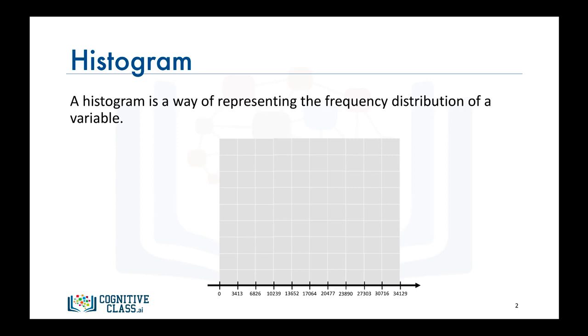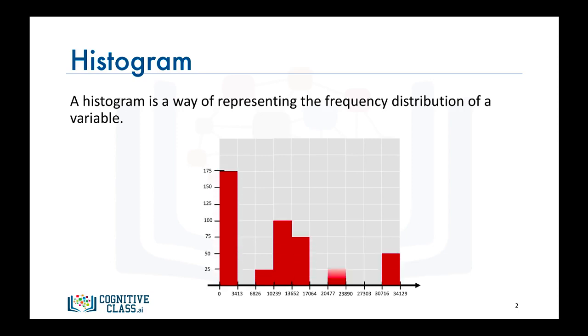Say the number of data points having a value between 0 and 3,413 is 175. Then we draw a bar of that height for this bin. We repeat the same thing for all the other bins. And if no data points fall into a bin, then that bin would have a bar of height 0.